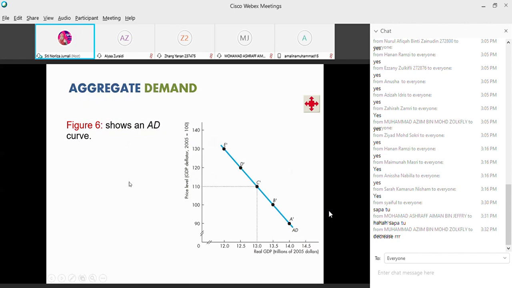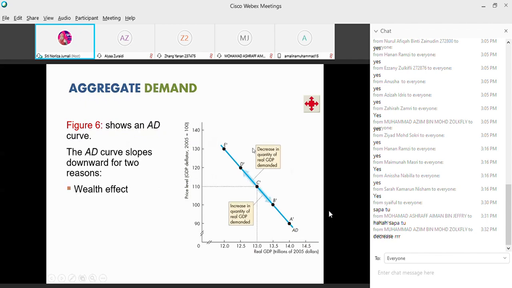All the factors I explained just now will shift AD to the right or shift it to the left. Before I go further on the factors, I want to explain why the AD is downward sloping from left to right.